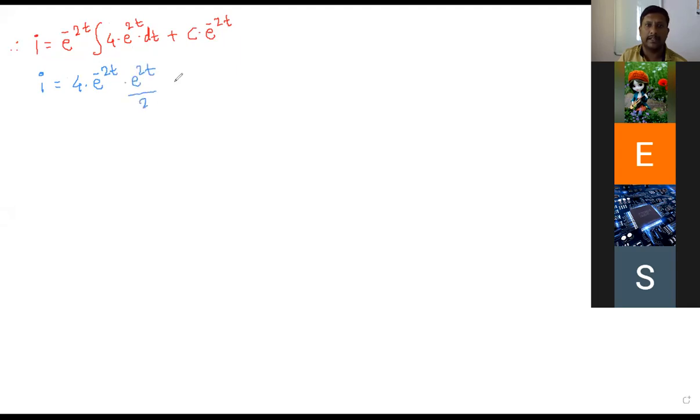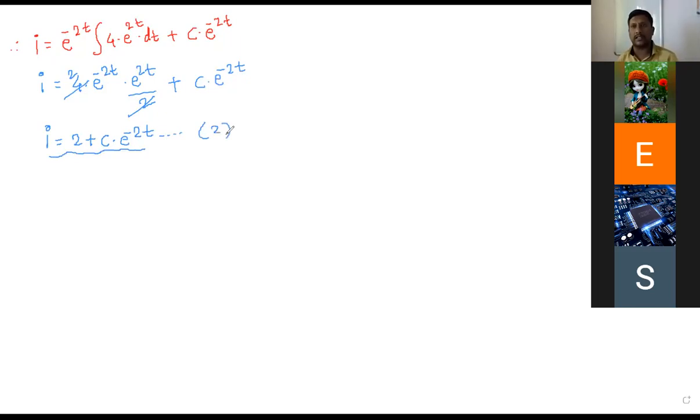Next plus c into e raised to minus 2t as it is. So the 2 and 4 cancel here, 2 remains, and e raised to minus 2t into e raised to 2t is e raised to 0, which gives 1. So I is equal to 2 plus c into e raised to minus 2t. This is my equation number 2.